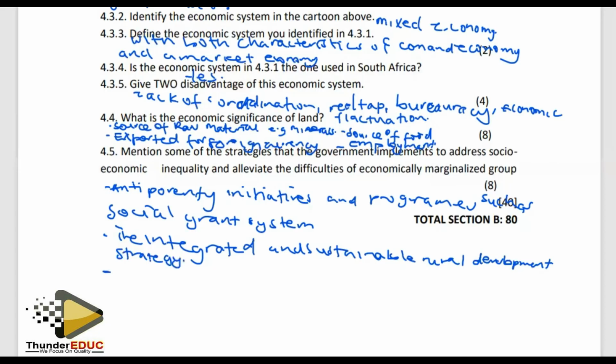Integrated rural development strategy. Besides that, there is the establishment of SETAs, entrepreneurship grants, provision of entrepreneurship grants, and skills development.